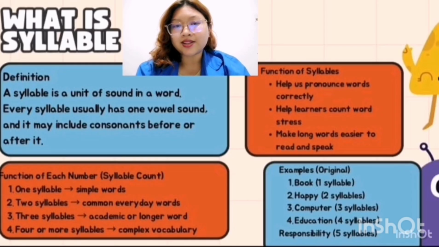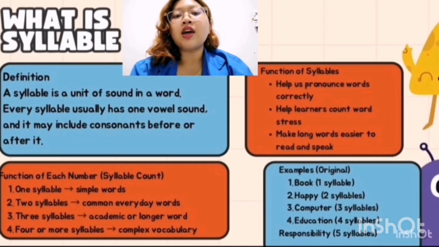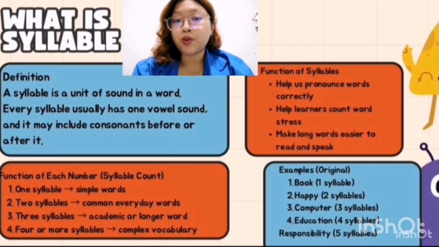What are syllables? The definition of a syllable is a unit of sound in a word. Every syllable usually has one vowel sound, and it may include a consonant before or after it. As for the function of each number, one syllable is for simple words, two syllables is for common everyday words, three syllables is for academic or longer words, and four or more syllables is complex vocabulary.